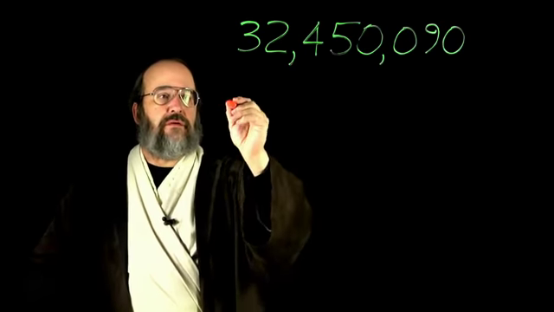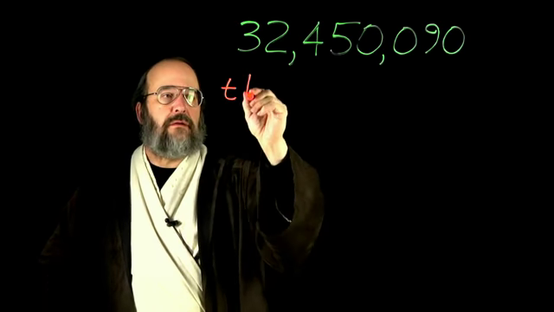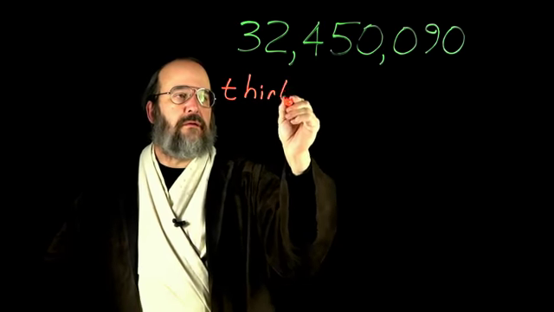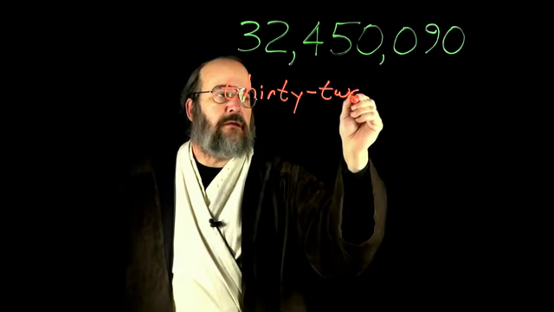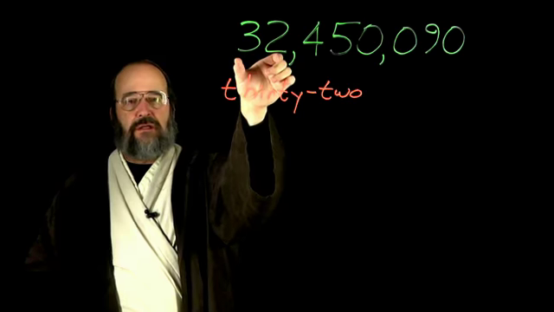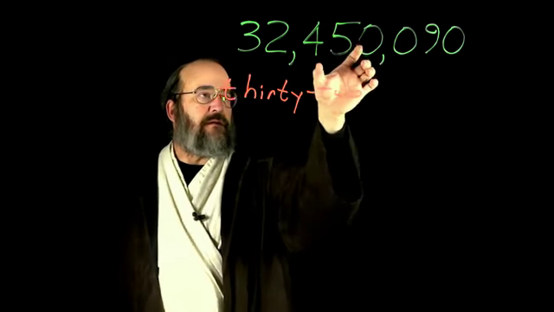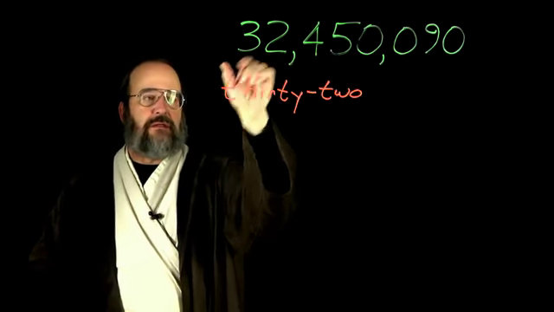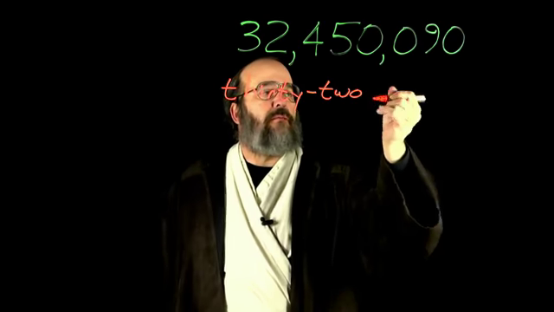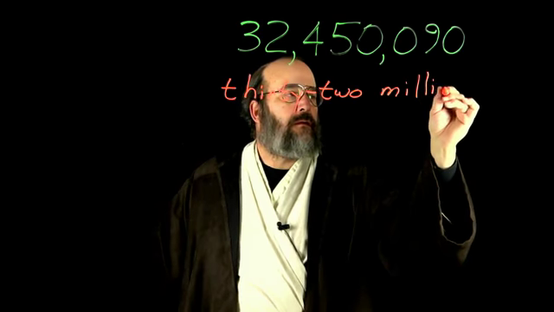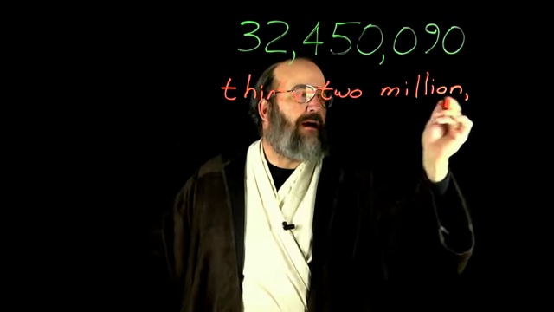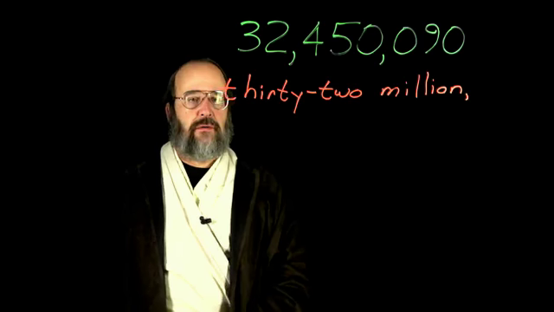So I write 32, hyphen, 2. Now what period is it in? Ones, thousands, millions. So I'm going to write 32 million and then put in the comma just like it is in the number.